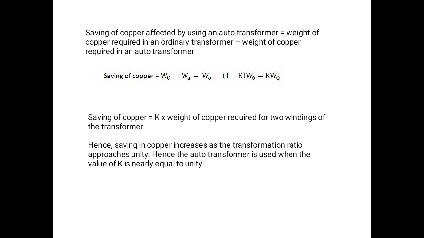Hence, saving in copper increases as the transformer ratio approaches unity. Hence, auto transformer is used when the value of K is nearly equal to unity. But practically it is not possible because 100% copper saving is not possible.